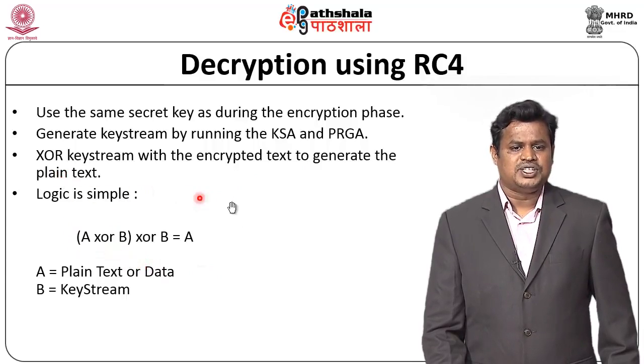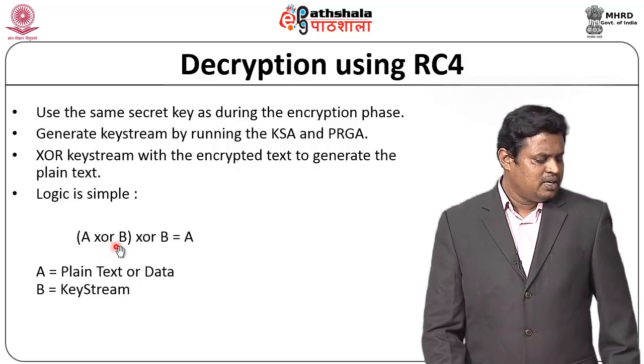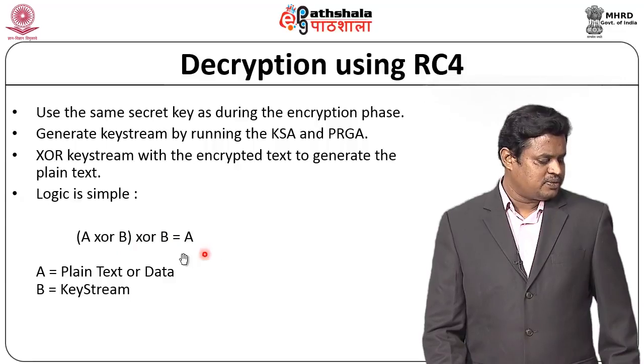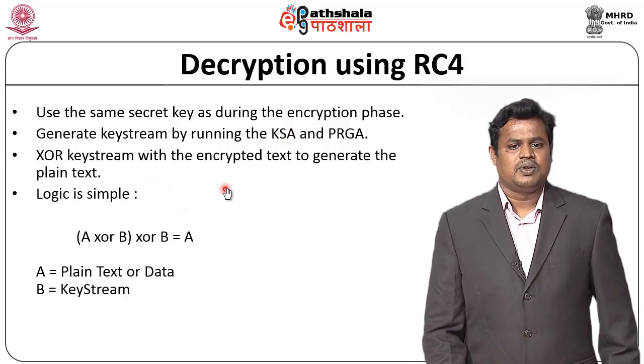It is very simple logic: suppose I take a message M as plain text A, and B as the key. A XOR B XOR B, the two Bs cancel, and I get the plain text. So the encryption and decryption are very simple, but the key component of the algorithm is mainly the generation of your key stream.